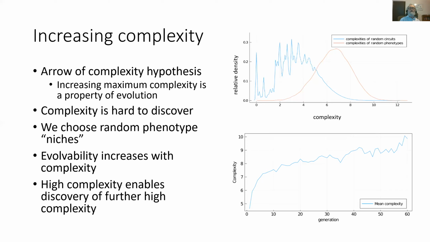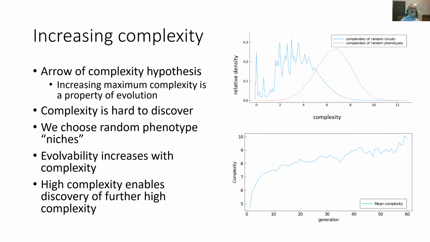Then we start evolution, and evolution from a random genotype will start by discovering the less complex of these niches. But when they're discovered, we eliminate them for further evolution, but use them as starting points for evolving additional niches.